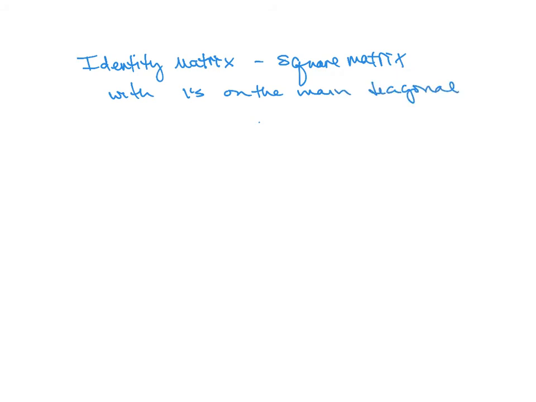So a 2 by 2 would look like 1, 0, and then 0, 1. A 3 by 3 is 1, 0, 0, 0, 1, 0, 0, 0, 1. And these have some really cool properties that you can look at later.